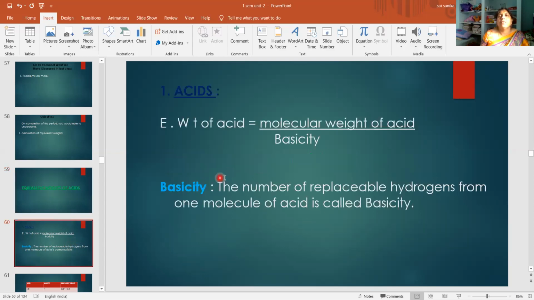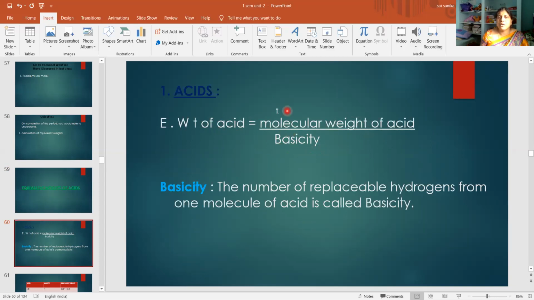How is the equivalent weight of an acid calculated? The equivalent weight of an acid is equal to the molecular weight of the acid divided by its basicity.